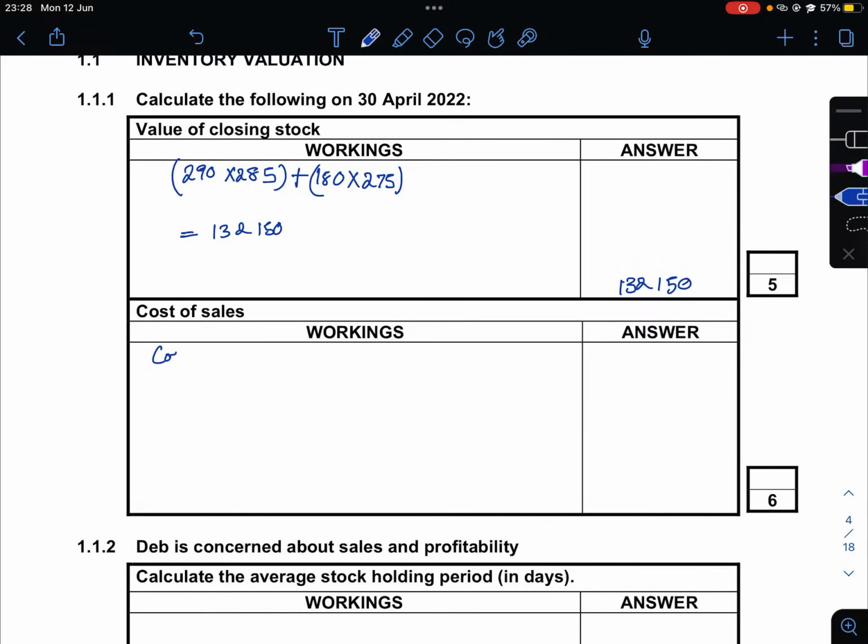Remember, the cost of sales is equal to your opening balance plus your purchases minus returns minus closing balance. Keep the formula in mind so that we can utilize it.